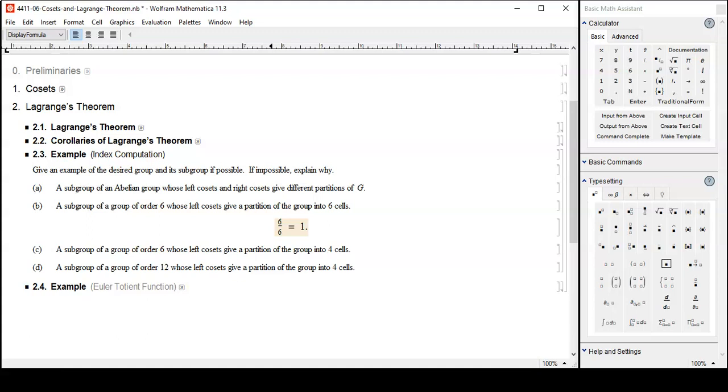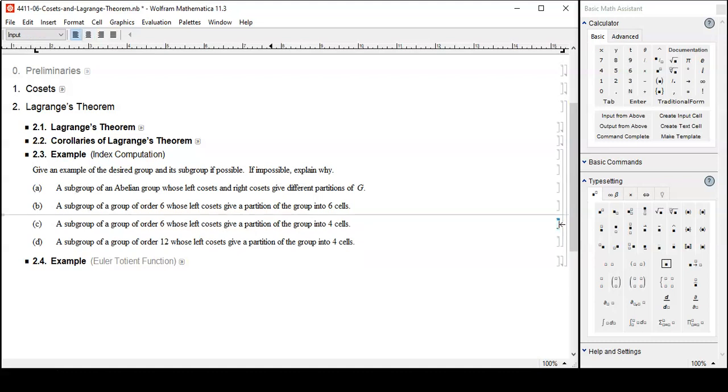So we have to start from a subgroup of order 1. Is there such a subgroup? Well, yes, of course. The trivial subgroup, just the identity e, and that's it. So based upon that, try to come up with an example. Try to find an abelian example, which is going to be easier, and then a non-abelian example. In this case, it's equally easy because we are considering a trivial subgroup only.